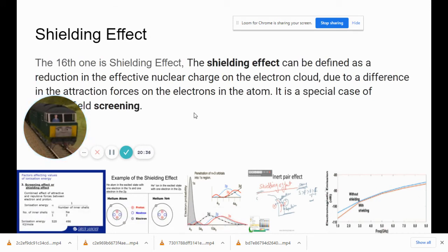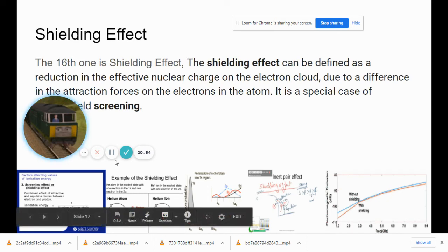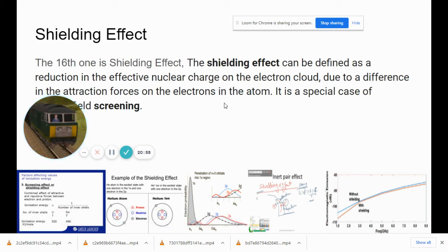Example of the shielding effect: the atom in the excited state with one electron in the 1s and one electron in the 2p. So the proton is actually 2 points, and the neutron, both of which stay in the circle, the tiny one, and the electron is actually the negative, like I said.